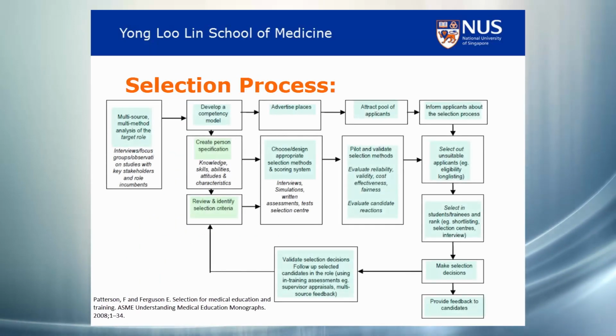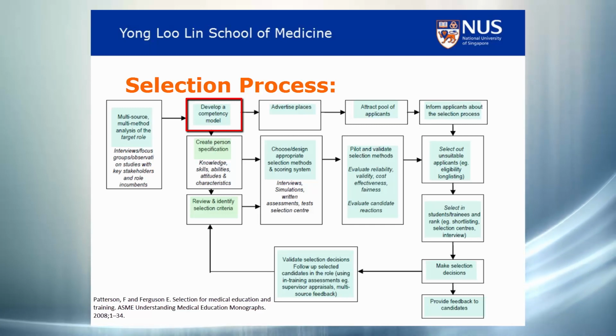Now with this, I want to focus on an ideal selection process. Fiona Patterson and Ferguson have nicely shared this ideal selection process in one of the ASME papers. The first thing is that you need to develop a competency model. What are the constructs that you are looking for? What are the person specifications that you are looking for?